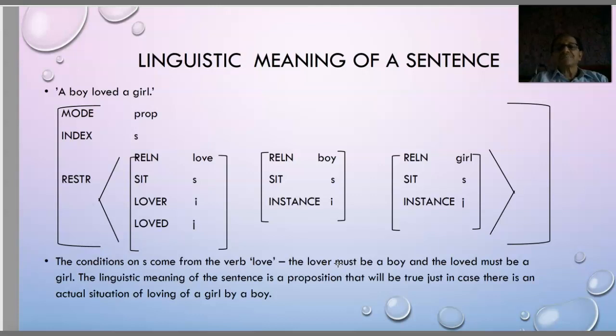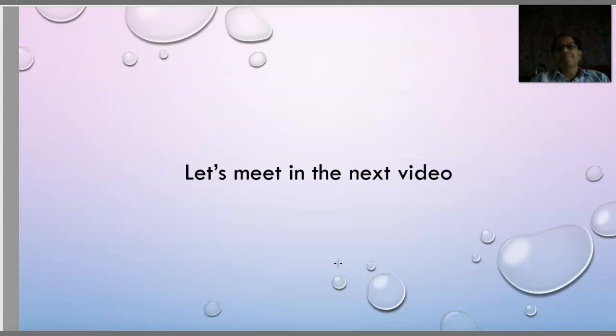The index refers to the situation or individual. Then you have relation, which is the list of conditions which the situation or the individual must satisfy. Okay, let's meet in the next video.